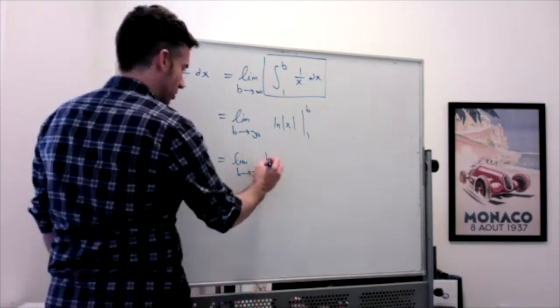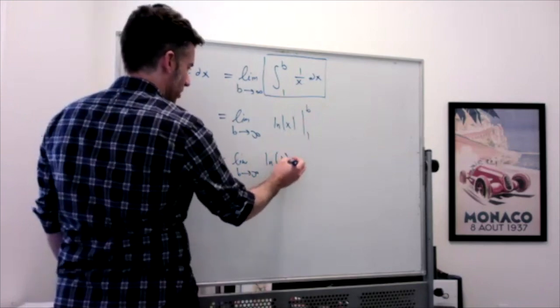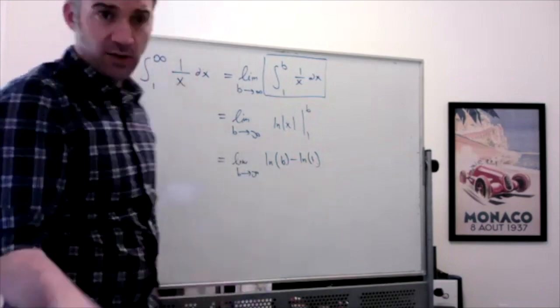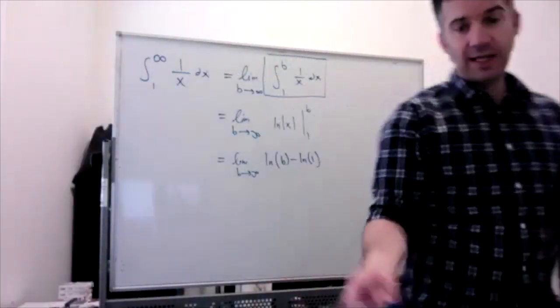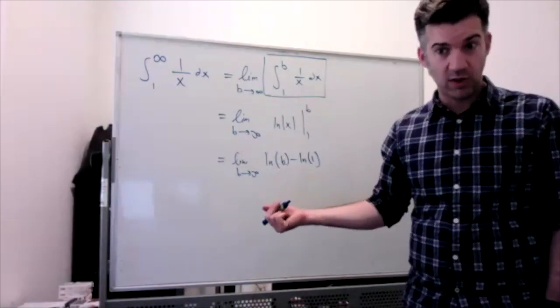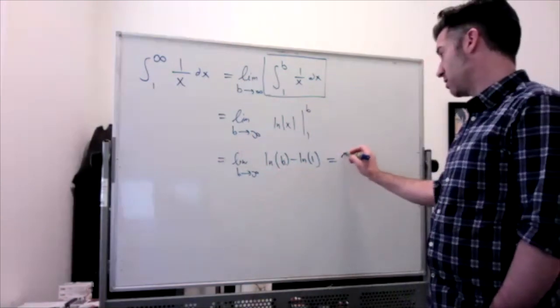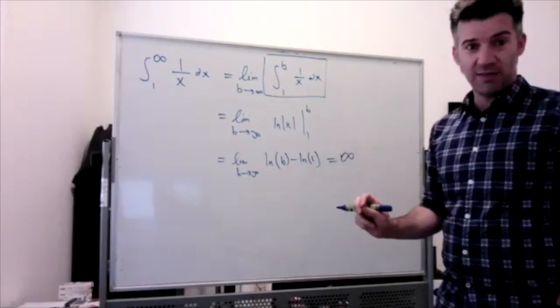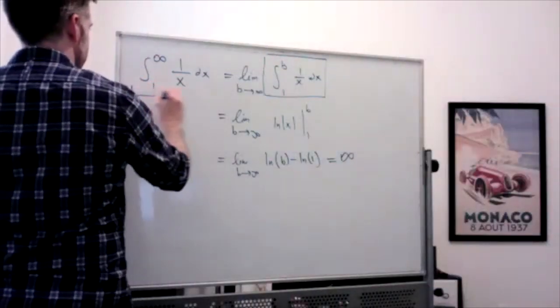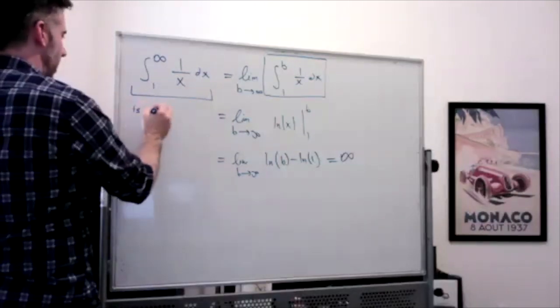So I'm just writing natural log of b minus natural log of 1. Natural log of 1 is 0. And as b goes to infinity, the natural log of b also gets infinitely large. So this ends up being infinity, which means the integral is divergent.